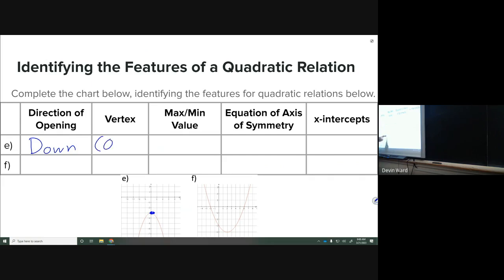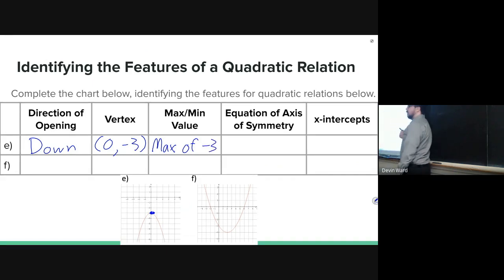Because it hasn't gone anywhere left or right, but it's gone down 3. So again, it's going down, so that means we have a minimum or a maximum. Good, we have a maximum. Because it comes up to the peak and then it comes back down. And our maximum would be -3, perfect. Our y coordinate.